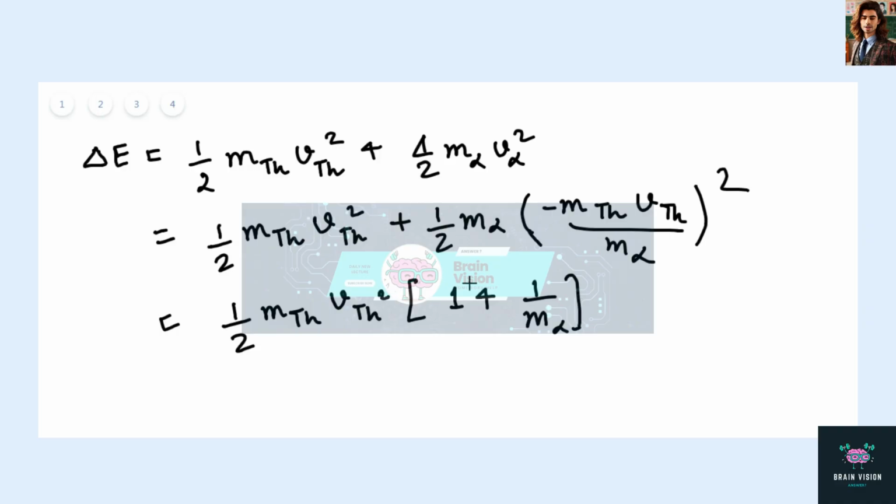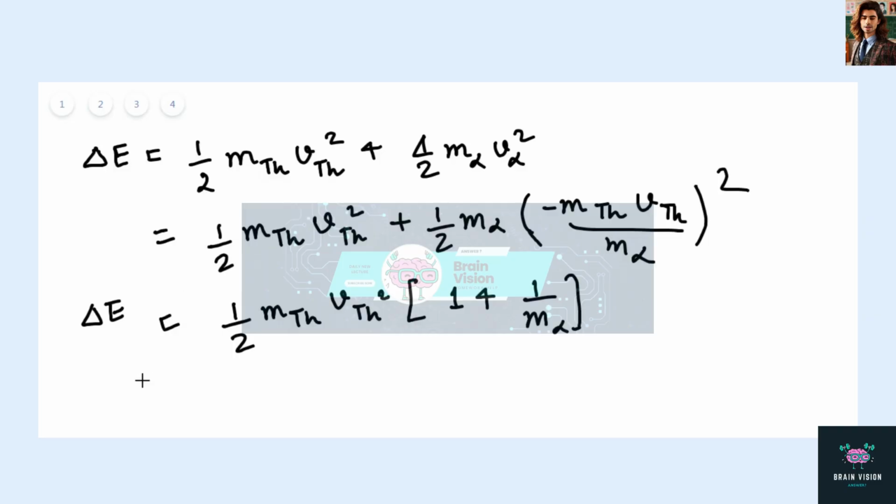See, the power cancels m alpha, so you're left with just this now. And we know this will be the delta E, right? So if you put everything back here, you also need to change the units because this was in 931 MeV, right?